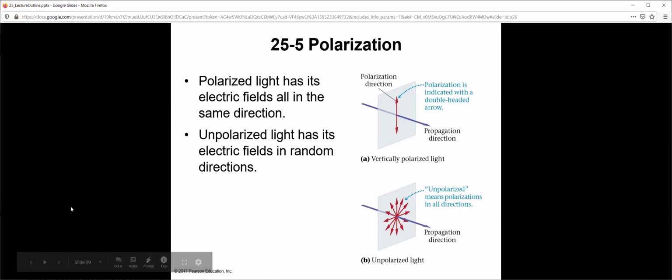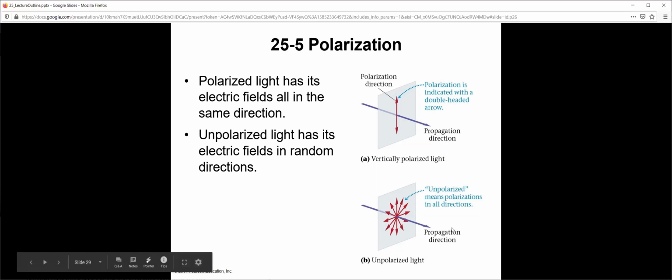So since polarized light has its electric field all in the same direction, unpolarized light, by definition, has electric field in randomized directions. Here we have some vertical polarized light. The particle is propagating along the purple arrow, and every part of this particle is oriented in the same direction, giving you a polarization up and down.